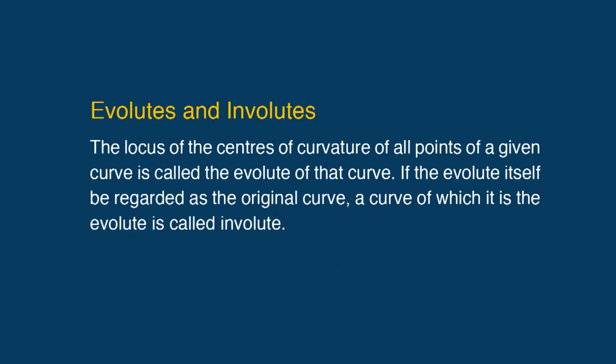The locus of the centers of curvature of all points of a given curve is called the evolute of that curve. If the evolute itself be regarded as the original curve, a curve of which it is the evolute is called an involute.